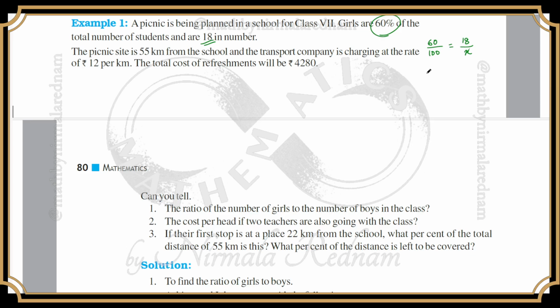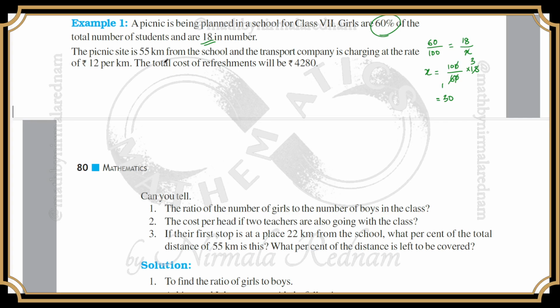Let us call it x. From this you can say that x is equal to, if you cross multiply, 100 by 60 into 18. And when you simplify this, you're going to get the total number of students in the class. You can cancel this 0 and 6 threes, therefore you will get the answer as 30. So this is what we got from the first piece of information.